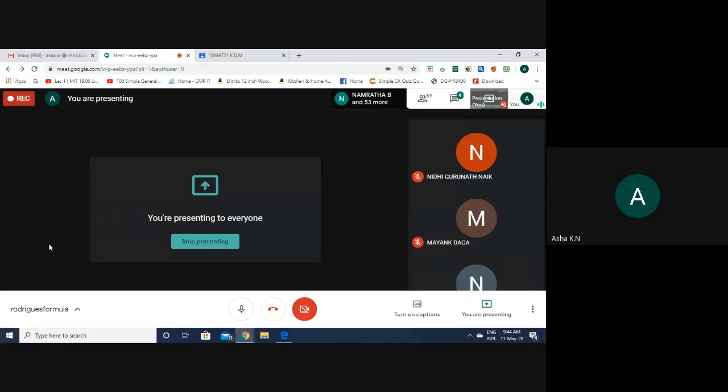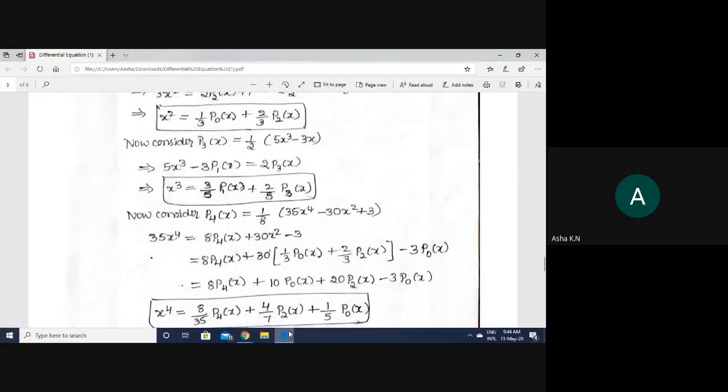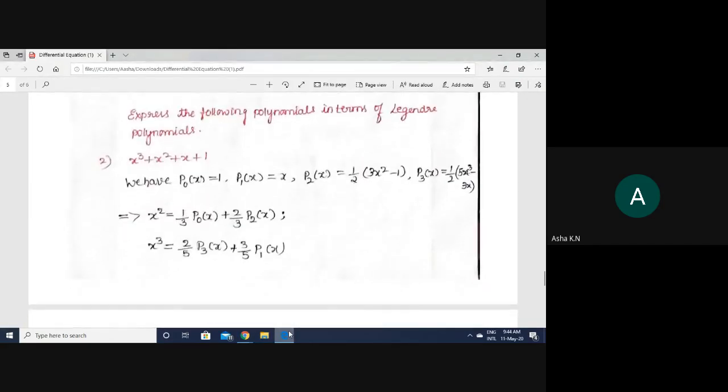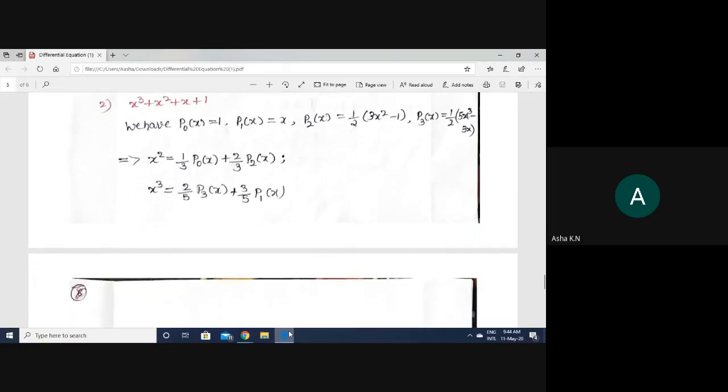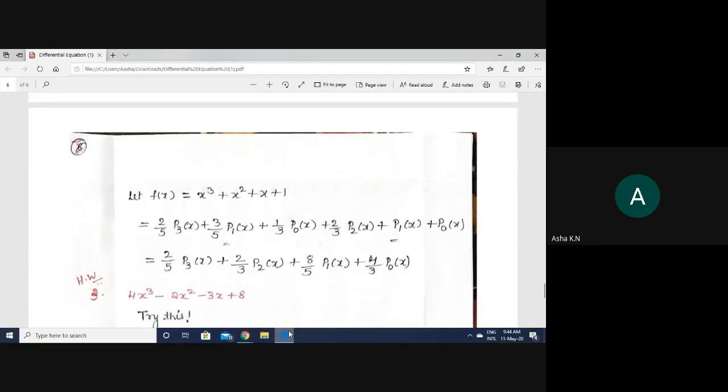Now, take this problem and do. I will show you the expression. First, just write this expression now. 4x cube minus 2x square minus 3x plus 8. This expression you write, problem 3. Okay, this one, 4x cube minus 2x square minus 3x plus 8.